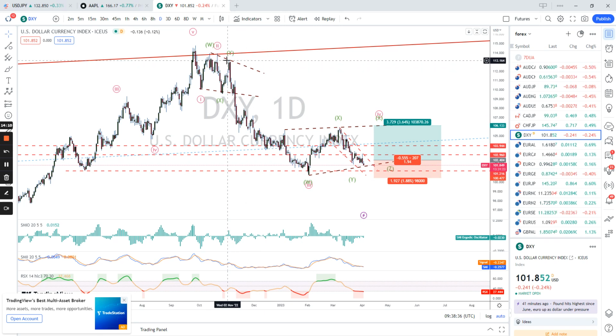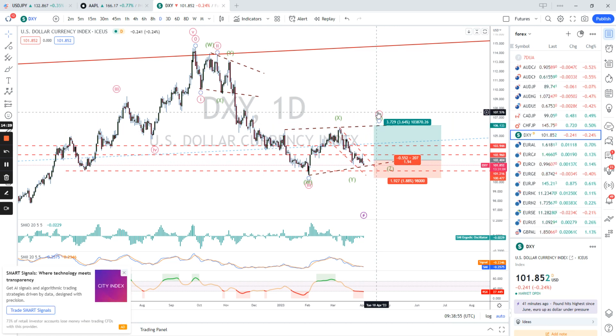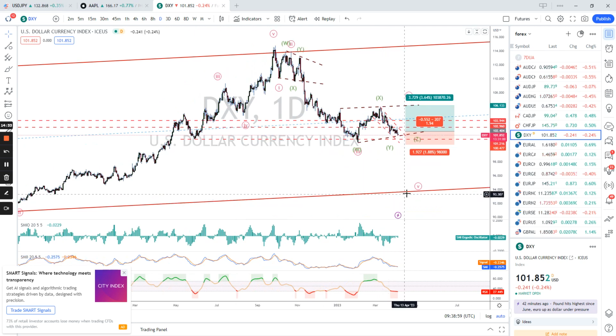So if you didn't catch this third wave, then you should catch the 4 wave, either here on the immediate breakout, which is a lower probability, or use a long trade for one more swing higher, and then go short here for a complete swing down to 95, which is a high probability.